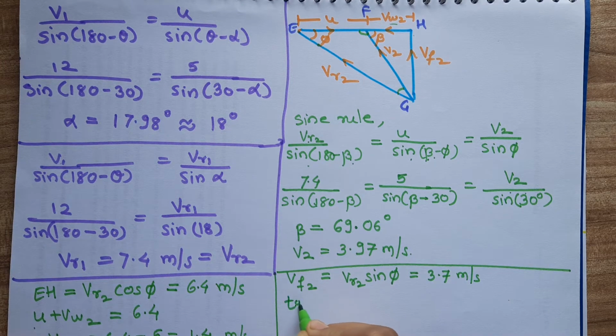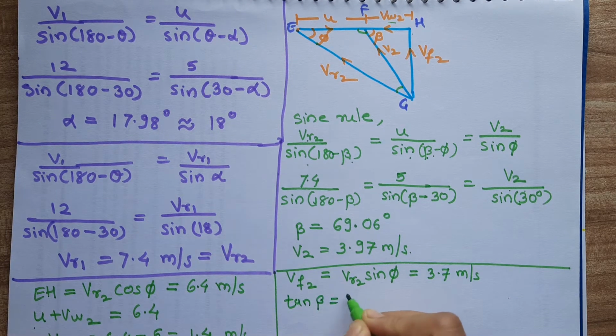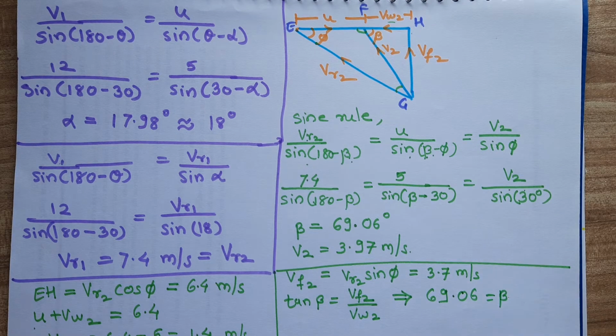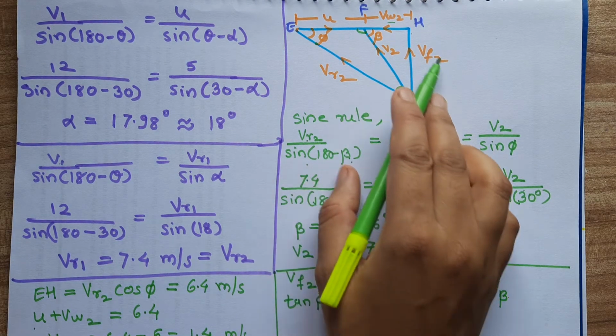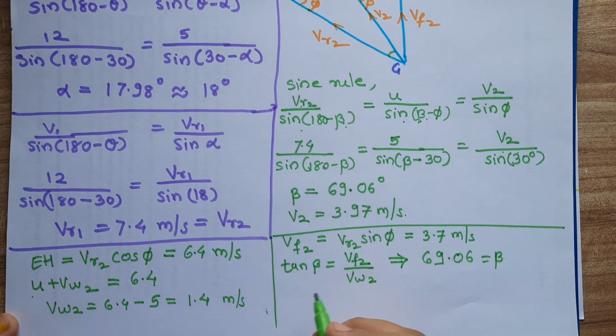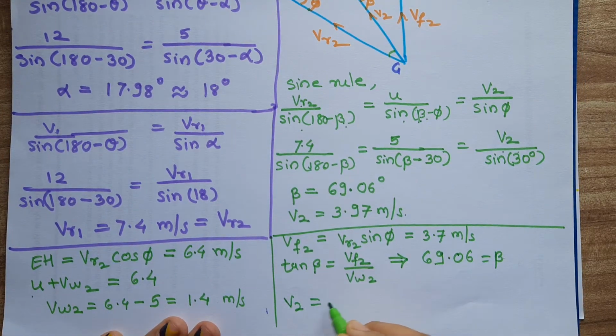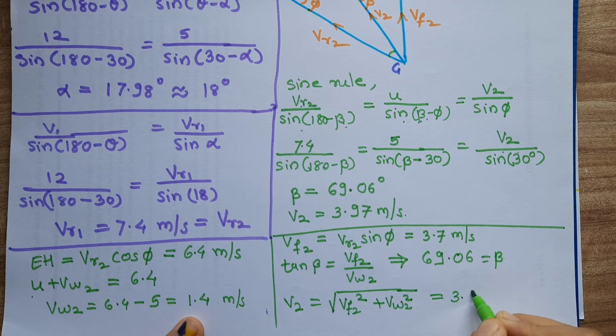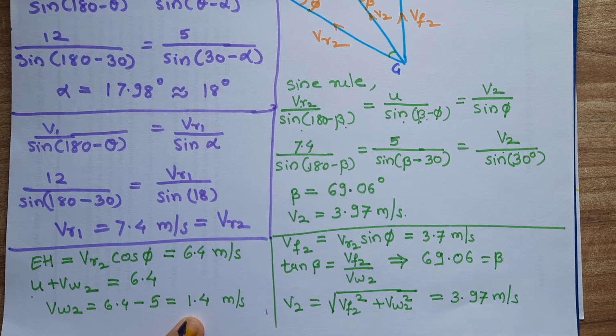So tan of beta is equal to VF2 by VW2, and from here again we will get the same value of beta as 69.06. Similarly, by using the Pythagoras theorem, that is V2 equal to the square root of VF2 squared plus VW2 squared, we will get V2 equal to 3.97 meters per second.